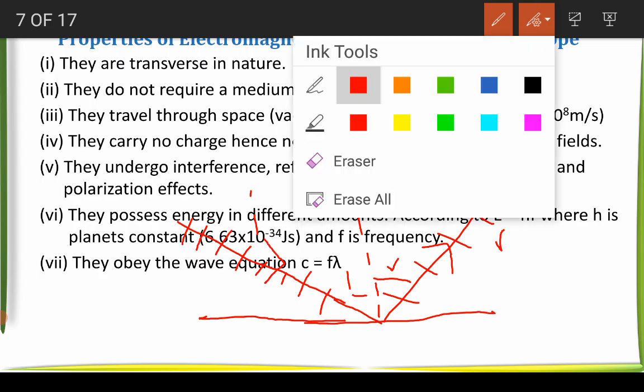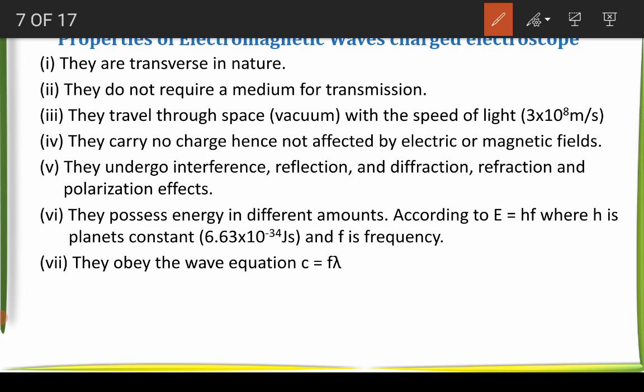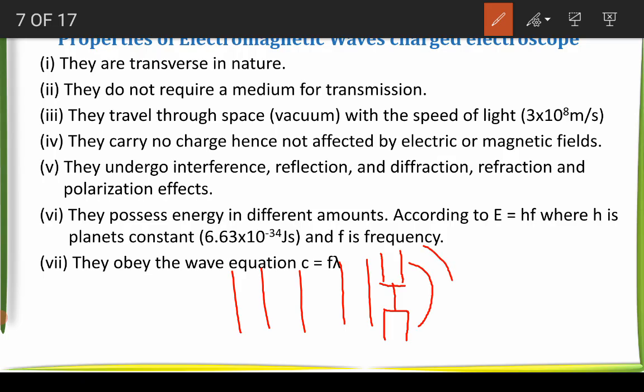Or they can be diffracted, meaning that they can pass through gaps. So let's suppose we have a slit or gap, and then you have this wave, which is electromagnetic, traveling all the way. Upon coming out of this gap, the slit, they're going to curve out like that.